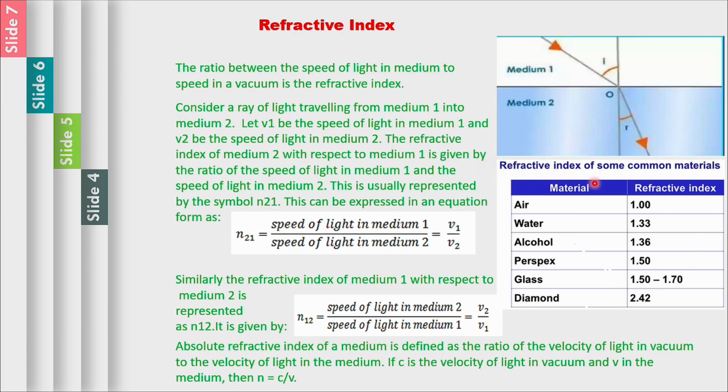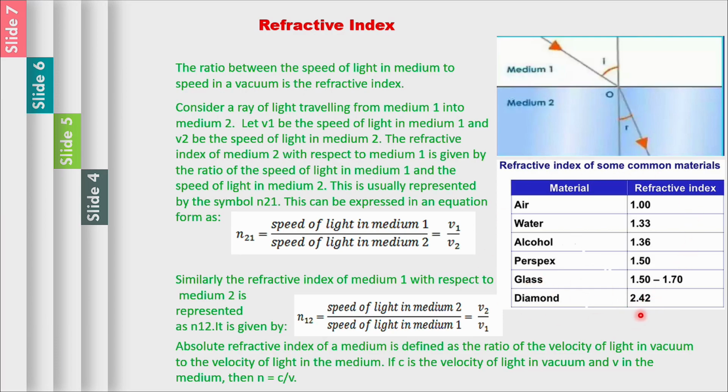So you have to know the refractive index of some common materials. For air it is always taken as 1, water is 1.33 or 4 divided by 3, glass is 1.5, that is 3 by 2, diamond 2.42.